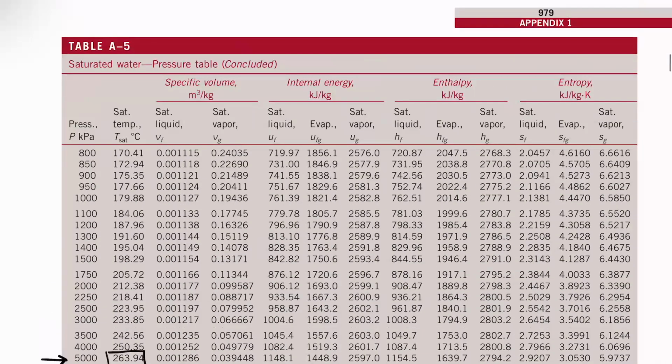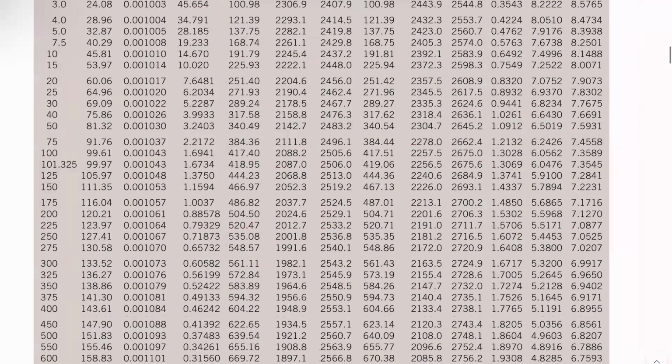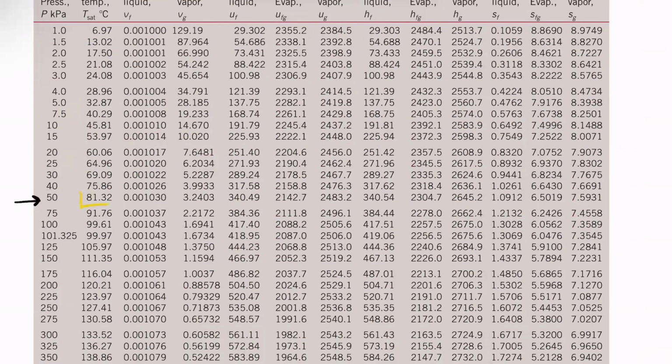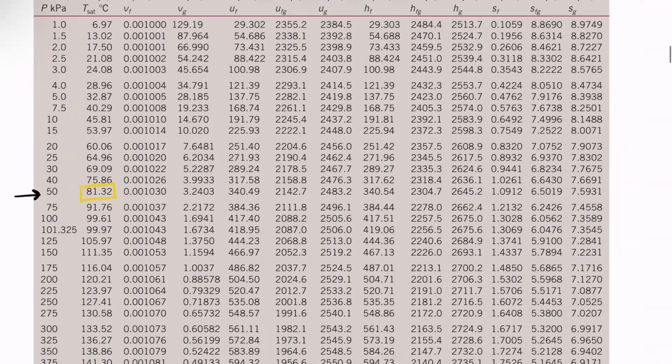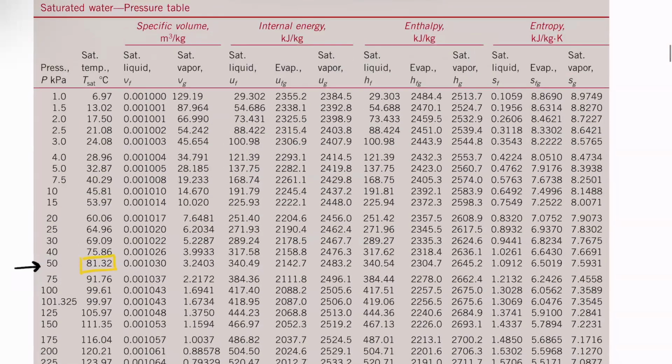So this is our saturation temperature, which is much different than our inlet temperature. So the temperature does change even though it's adiabatic. Okay, I'm going to take a little screen grab of this. We want the enthalpy, and since we know it's a saturated vapor, we're going to use h_g, so we are looking at this column here.